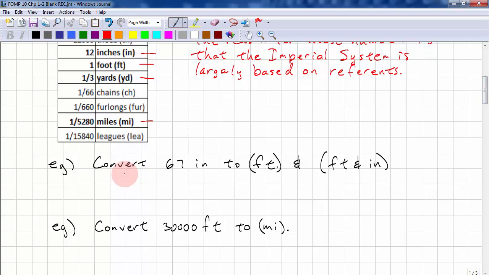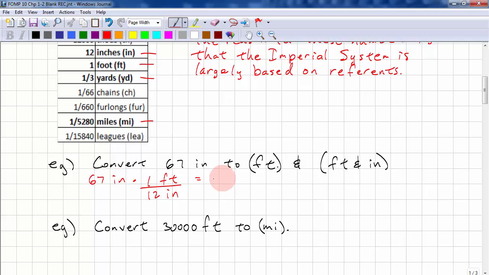We want to convert 67 inches into feet and inches. So 67 inches, and all these measurements measure 1 foot. So we can do the same thing that we did with the metric, times 1 foot, and that's equal to 12 inches. 1 foot, 12 inches.